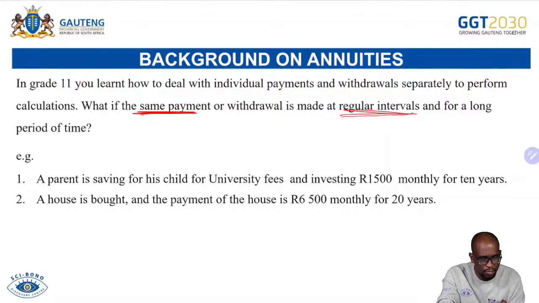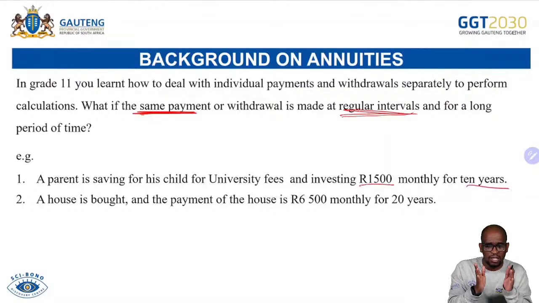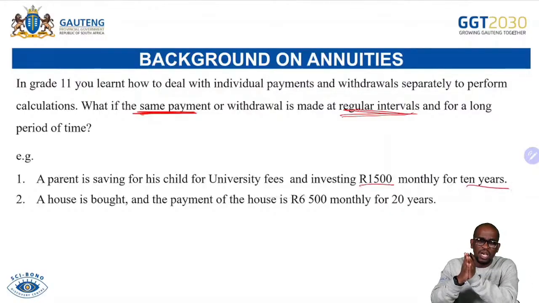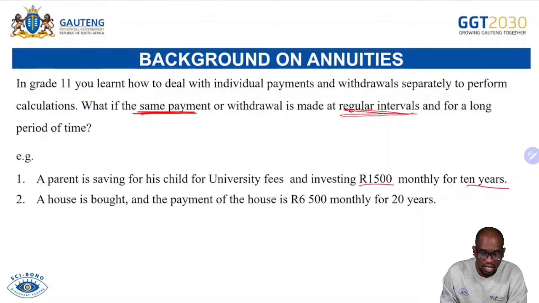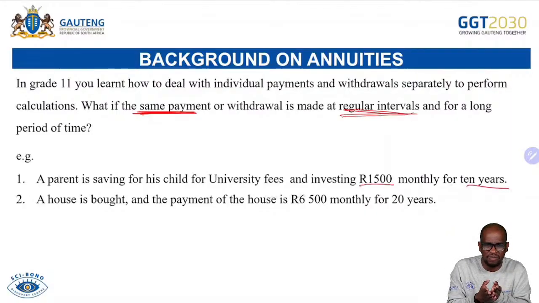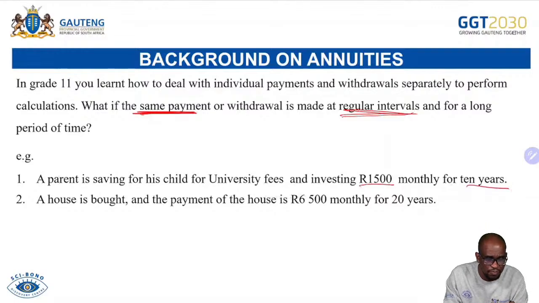Okay, for an example, a parent is saving for his child's university fees and investing 1,500 monthly for 10 years. You see, this is the same amount and it's invested every month, for 10 years, all right? Another one, a house is bought and the payment for the house is 6,500 monthly for 20 years.